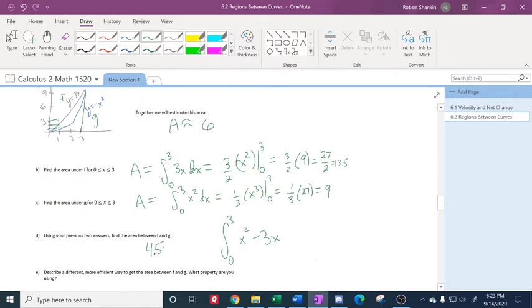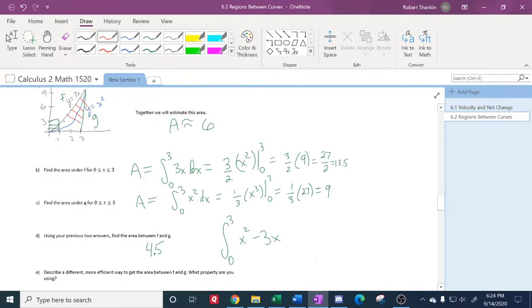And you got that by just doing what? Yeah, we subtracted 9 from 13.5. All right, and that makes total sense looking at the picture. You have this area underneath, which we'll shade in red.